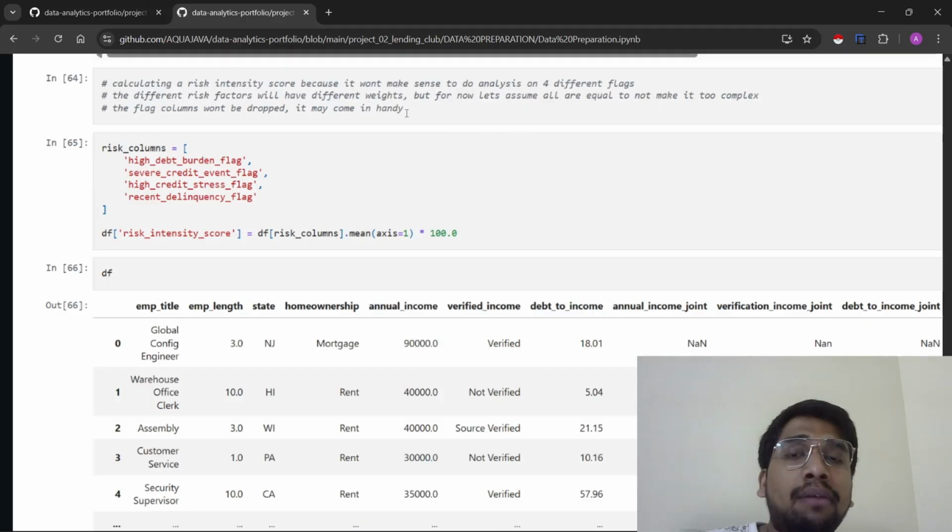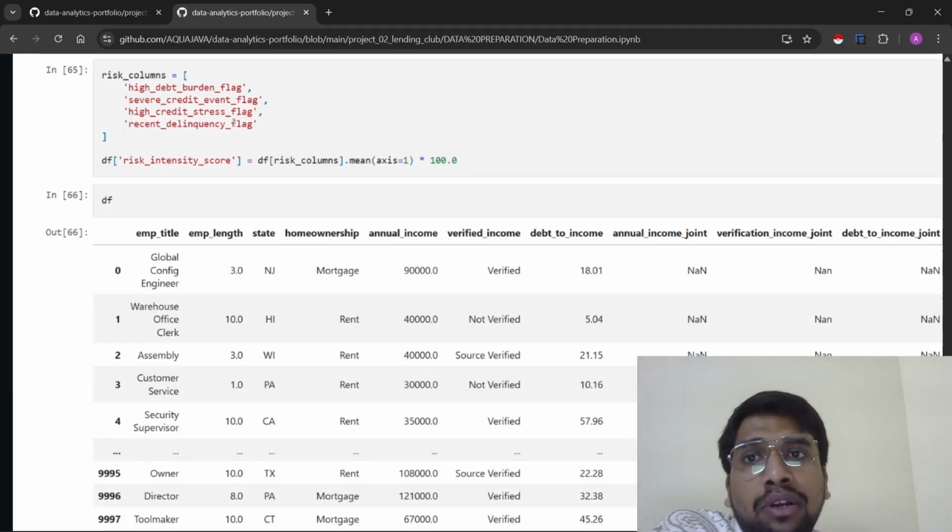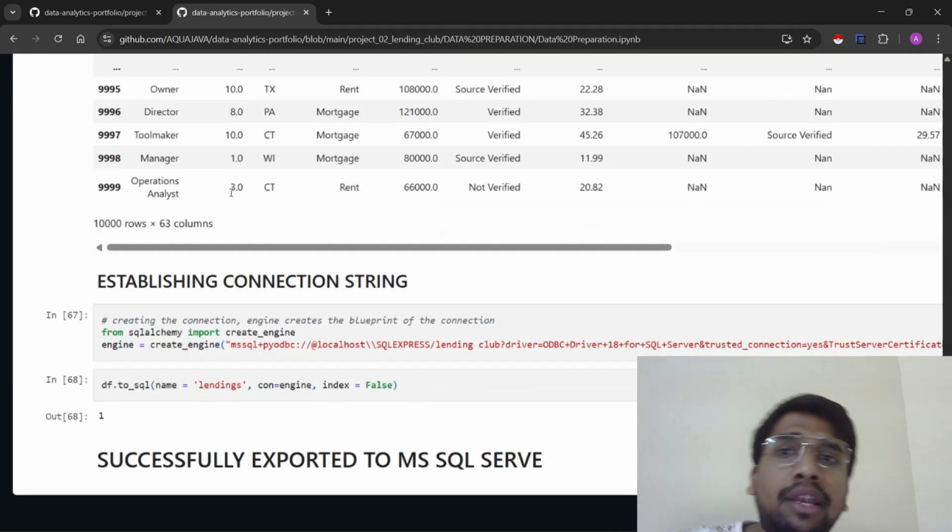But there are cases where the individual flags might come in handy, because of which I did not drop the flag columns, and I kept those four flag columns and the risk intensity score intact. I calculated the risk intensity score as the mean of the four flags. Then in the last step, I established a connection string using SQL Alchemy.